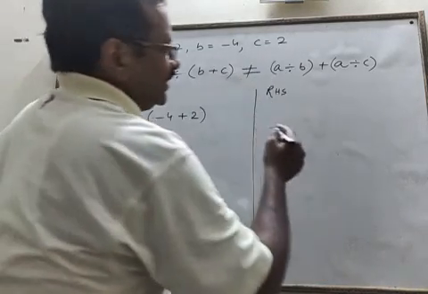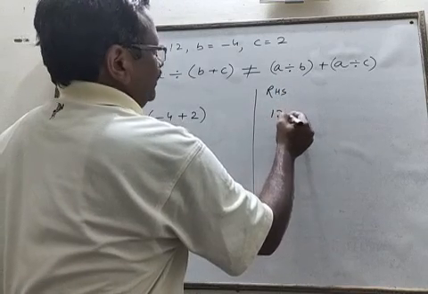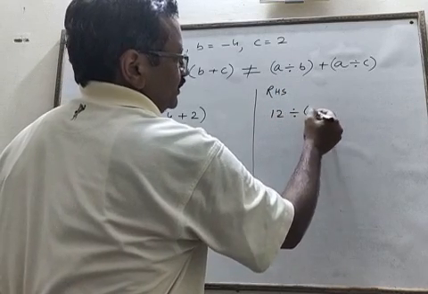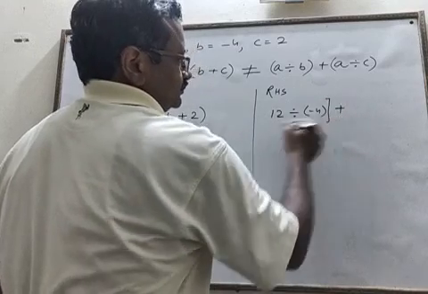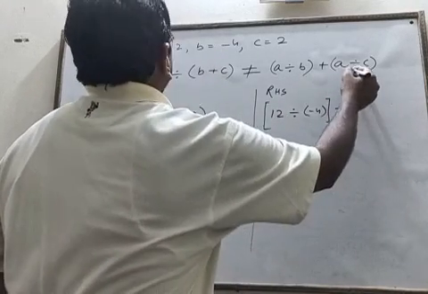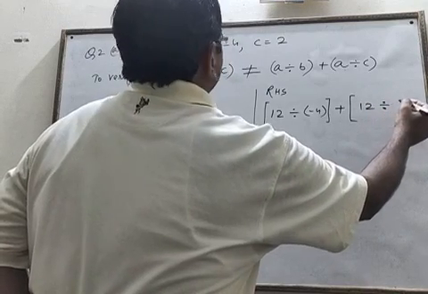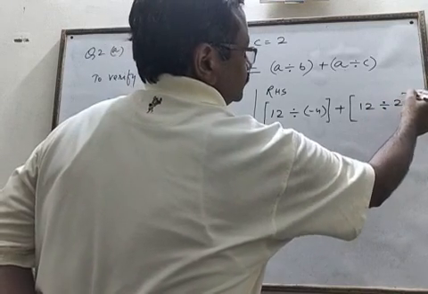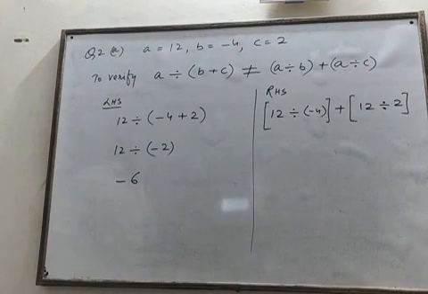Now on the right hand side, A divided by B, 12 divided by -4, plus A divided by C, divided by 2. C will be replaced by 2, A by 12, B by -4.